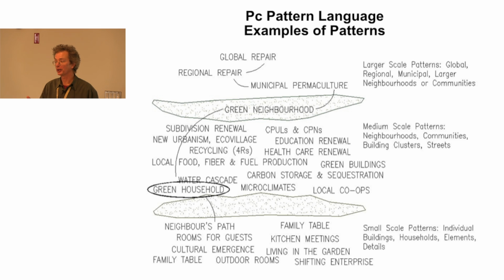Well-worn paths to our neighbors. That's sort of one indicator of living sustainably. I'll get into the family table in a minute. Living in the garden, that's sort of that outdoor living that's important. And shifting enterprise. I'll get into that in a second.